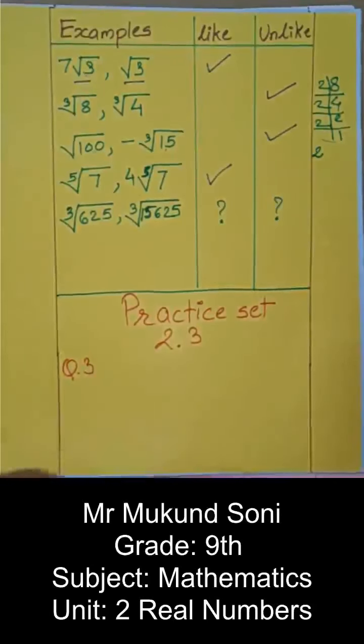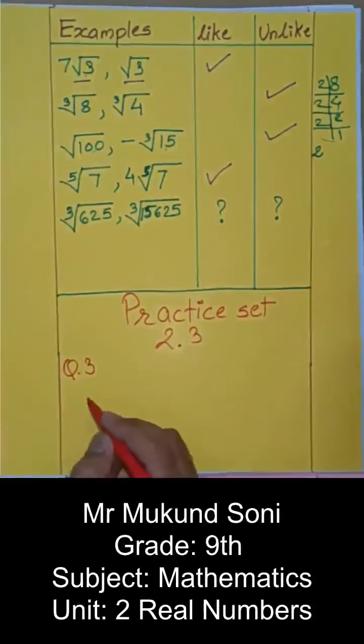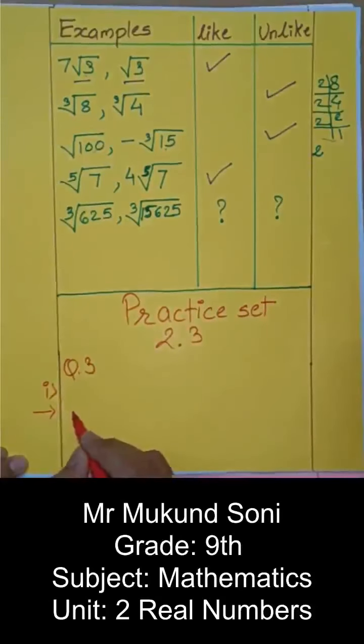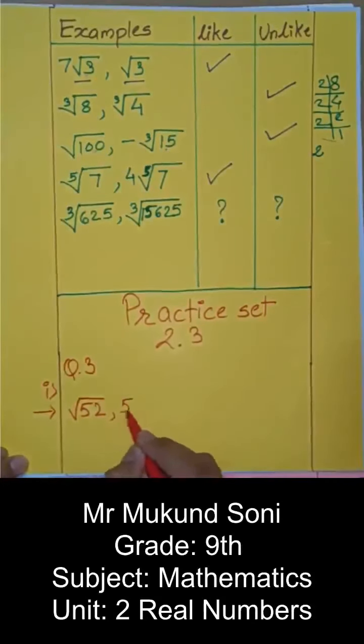In that, we are going to solve sub question number 1. So, in the first sub question, write the given things first. Root 52, comma 5 root 13.